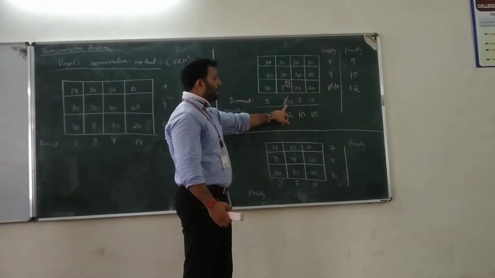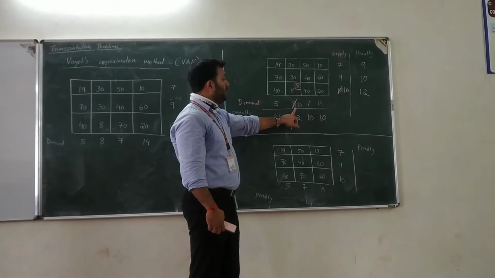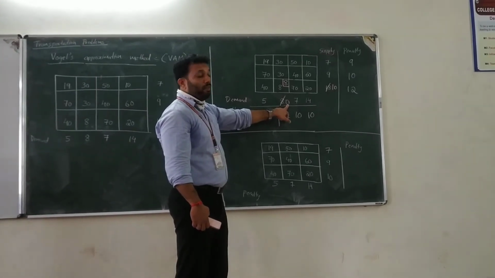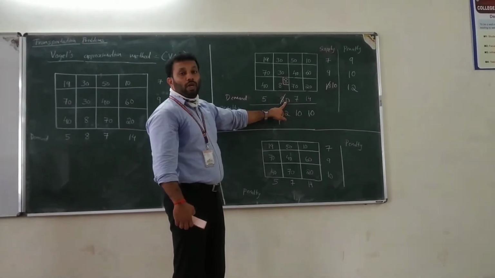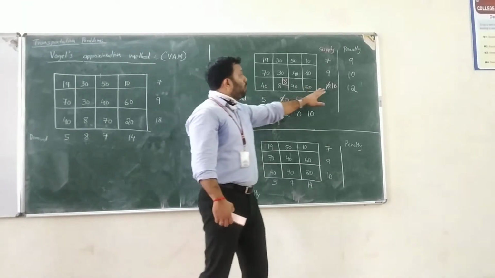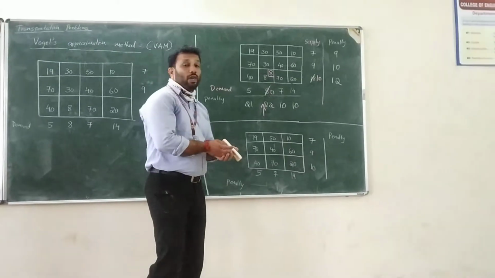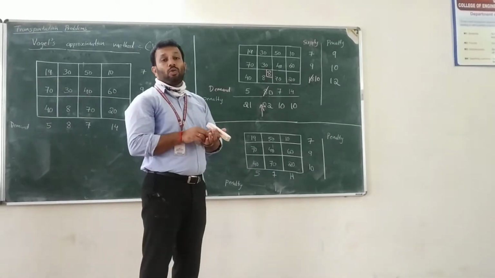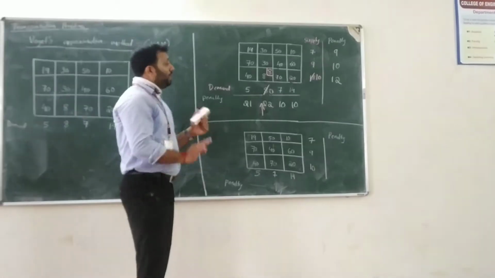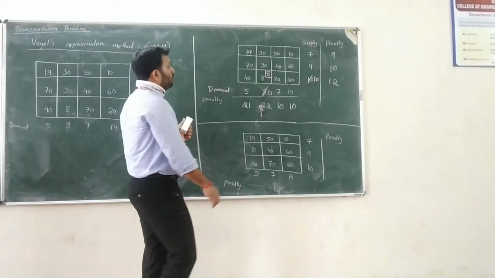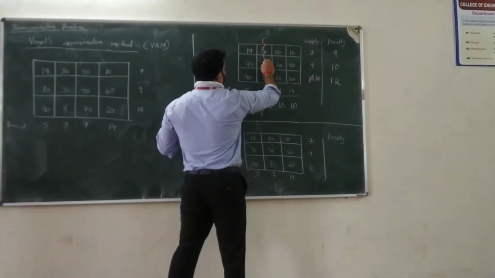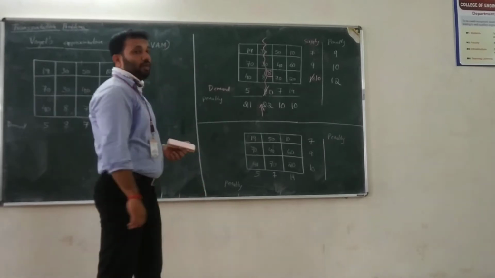The same procedure we are going to follow here also. Whichever row or column where we get 0 units, we are going to delete the entire row or column. So we are going to delete this entire column.